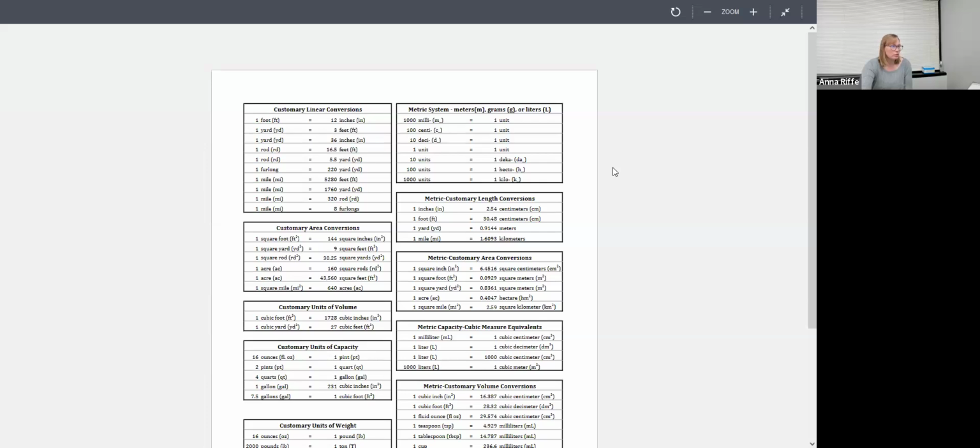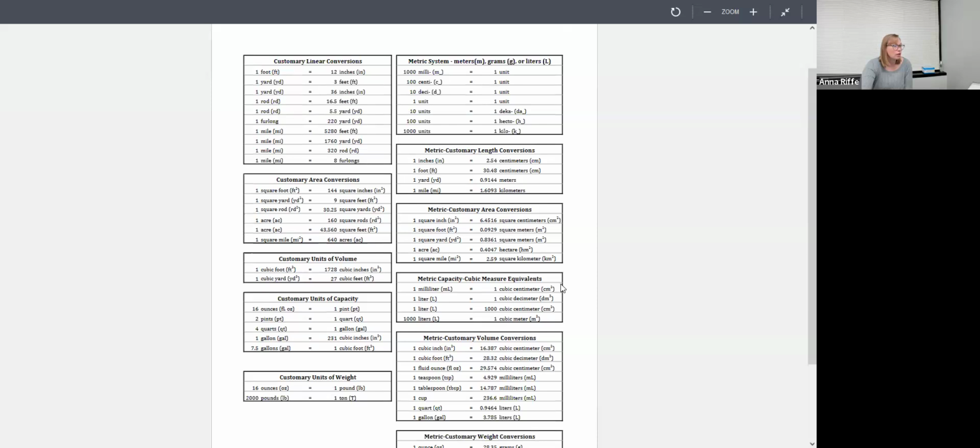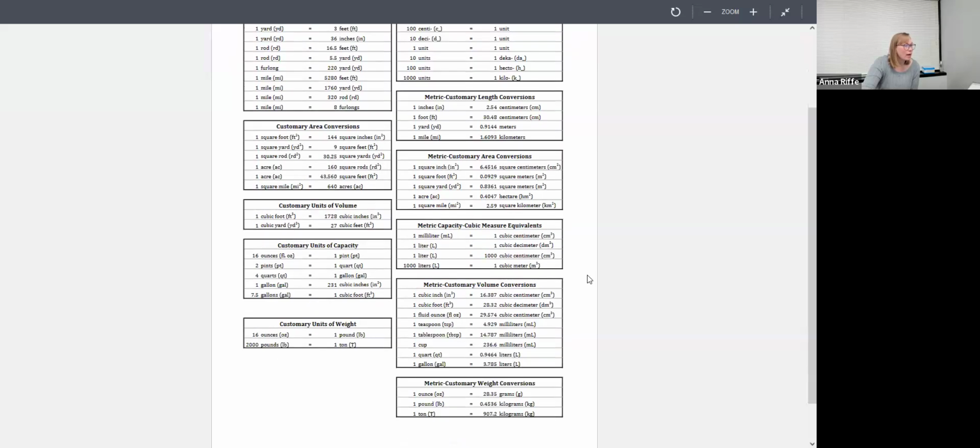So let's see, grams to kilograms. It looks like we could go from grams to ounces. We're going to go to weight. So we can go from ounces to pounds, which is at the bottom here. Right here, ounces to pounds. So 16 ounces is equal to 1 pound.